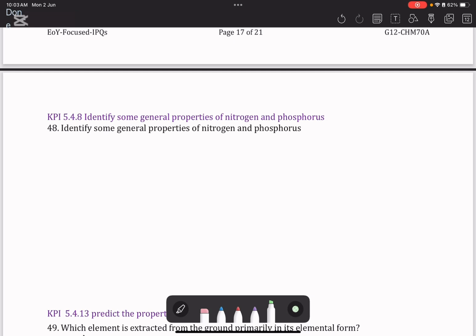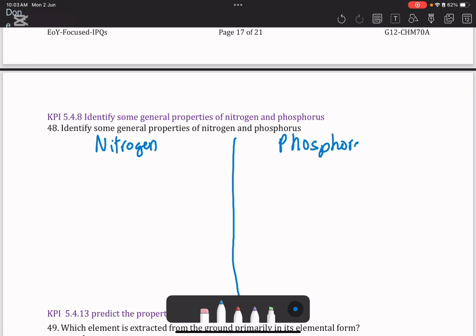Moving on. Identify some properties of nitrogen and phosphorus. Again, this is a part where you have to memorize nitrogen and phosphorus. So first, let's begin. This belongs to group 15, period 2, and this belongs to group 15, period 3.